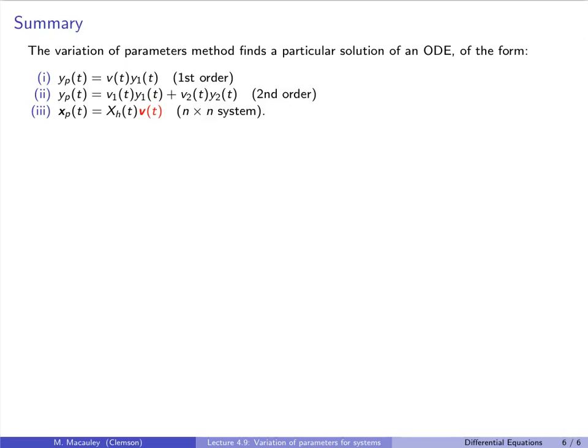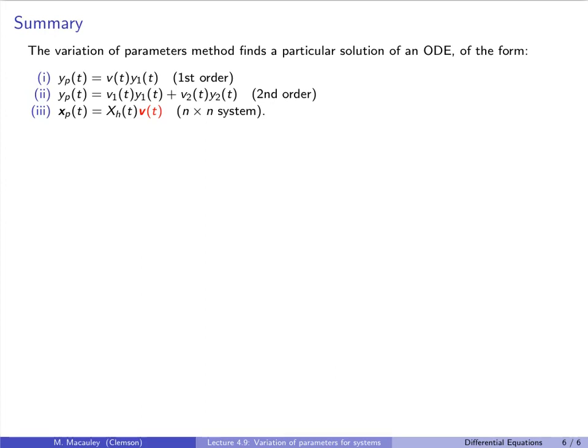And for a 2x2 linear system, or actually an n by n system, it finds a particular solution of the form the homogeneous matrix XH times v of t, where the columns of the matrix are the solutions of the homogeneous equation.